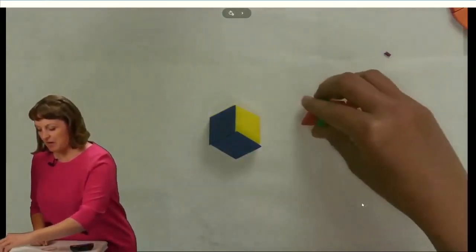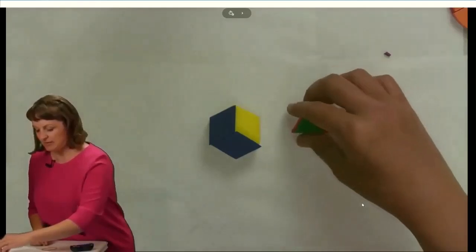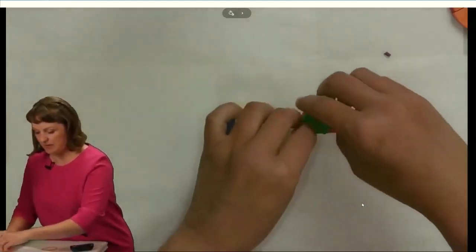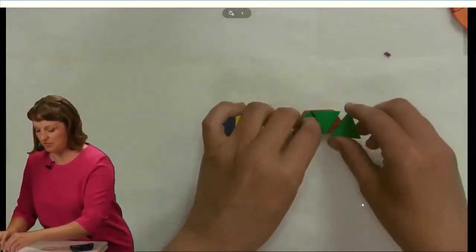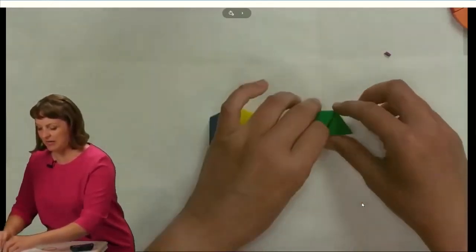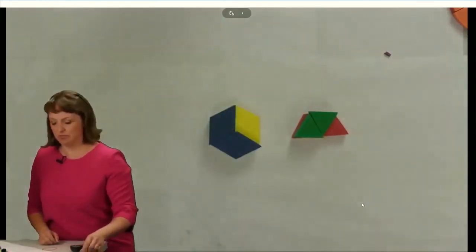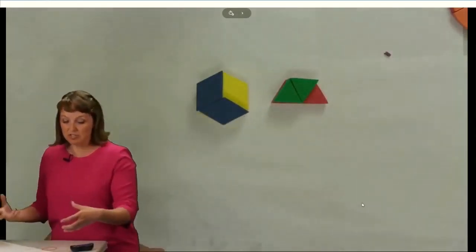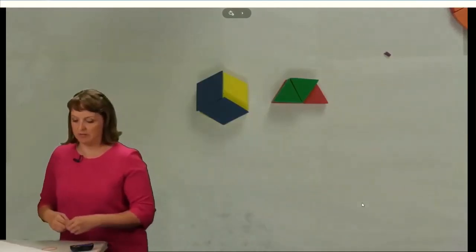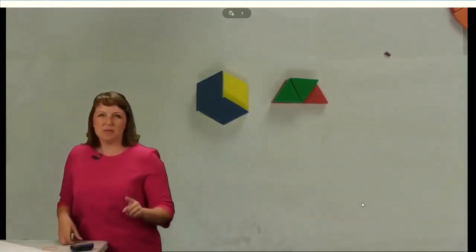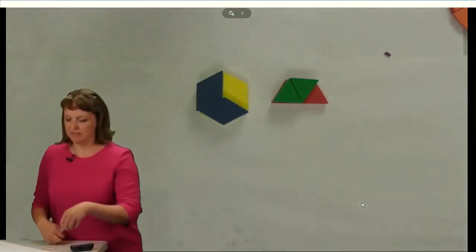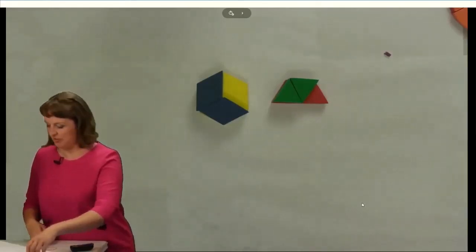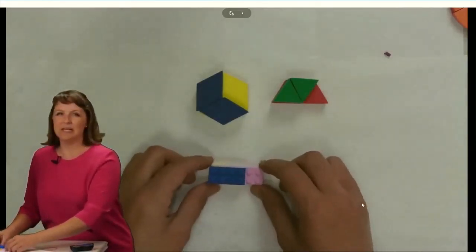So this time my area is a hexagon, and I'm going to show 2 of those 3 parts. But the pattern blocks often allow us to do this in multiple ways. So here is a trapezoid broken into 1, 2, 3 equal parts, and I can show 2 of those 3 parts. I can also put pattern blocks together to show larger areas and break those into equal parts. And there's one other manipulative that I don't have on my slides because it's kind of hard for me to draw them, but I can use Legos.